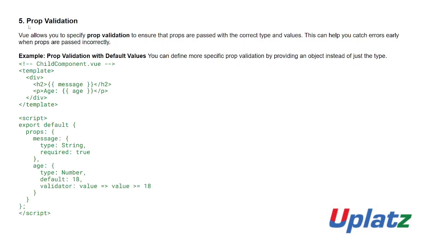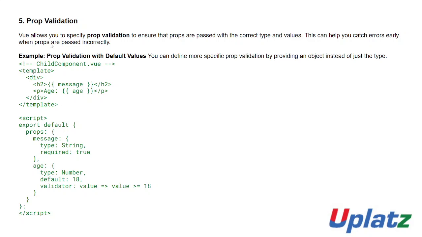Next, prop validation. How can we test that the prop sent is a valid one? Vue allows you to specify prop validation to ensure that props are passed with the correct type and values. This can help you catch errors early when props are passed incorrectly.